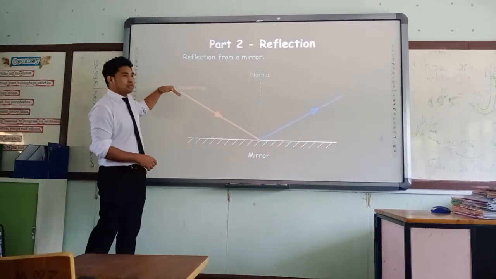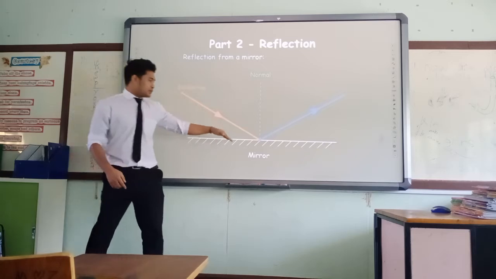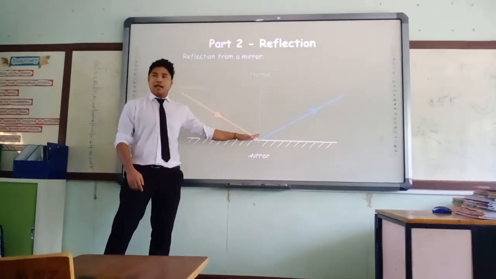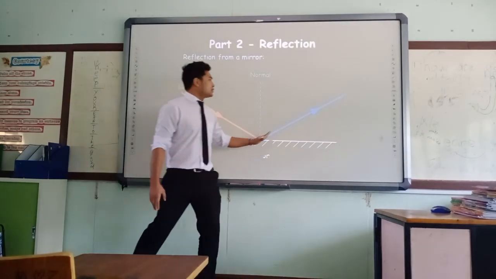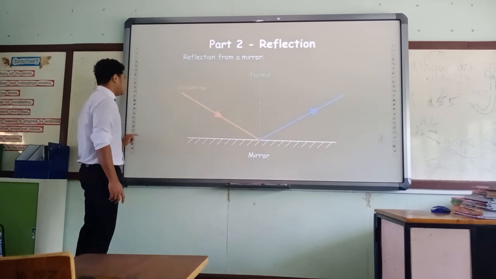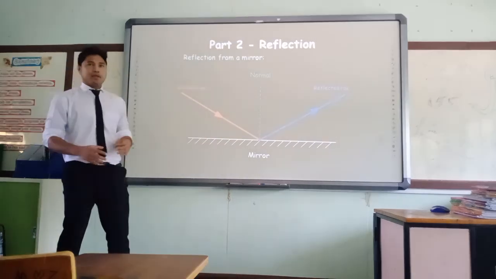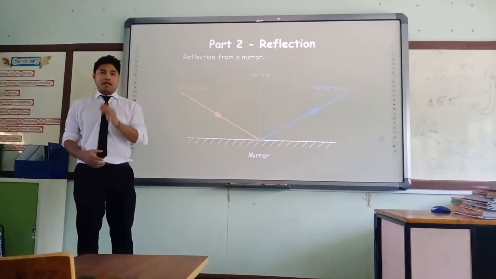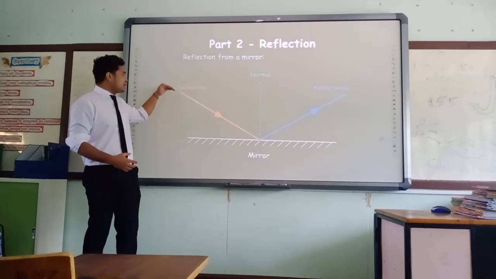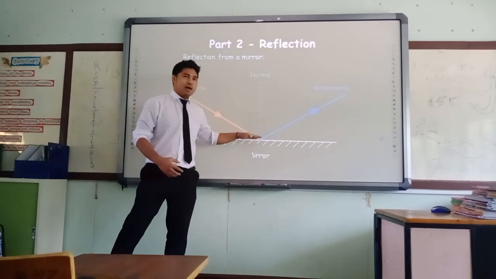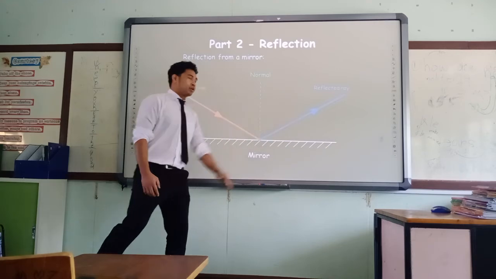After the incident ray touches the surface of the flat mirror, it bounces back as the reflected ray. That's what we call the reflected ray. The incident ray bounces off the flat surface mirror.